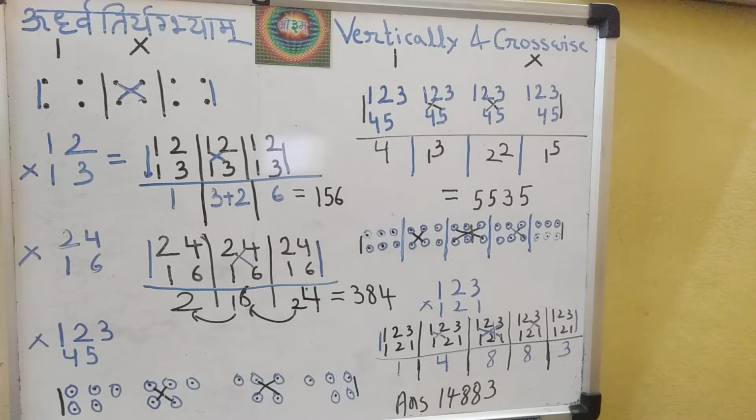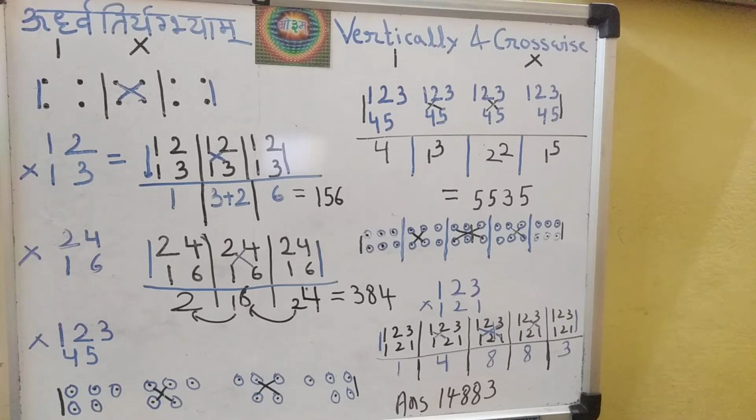So our final answer is 5535. Here we take 4 steps because 1, 2, 3, 4, 5, there are 5 digits overall, and 5 minus 1 is 4. So 4 steps are there.